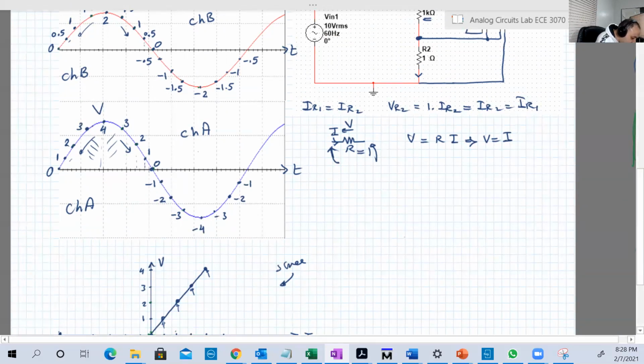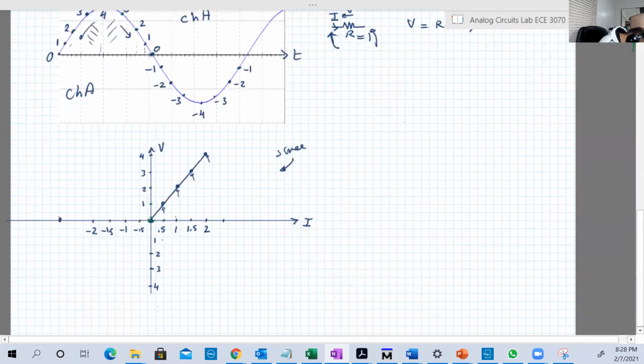So when I is minus half, V is minus 1. So minus half and minus 1, something like here.